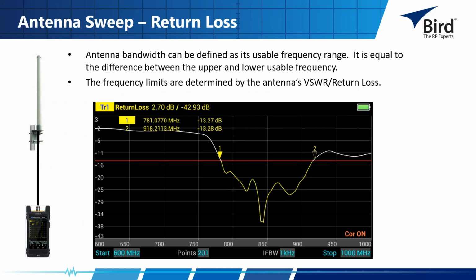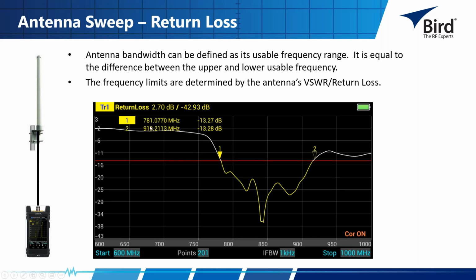So if we pick this sweep apart a little bit, we can look down at the bottom and see that we're sweeping from 600 megahertz up to 1 gigahertz. I have a limit line set at negative 14 dB, and that's this red line. I've calibrated. My correction is on. I'll get into the calibration part a little bit later. And we can add a couple of markers, marker 1 and marker 2.